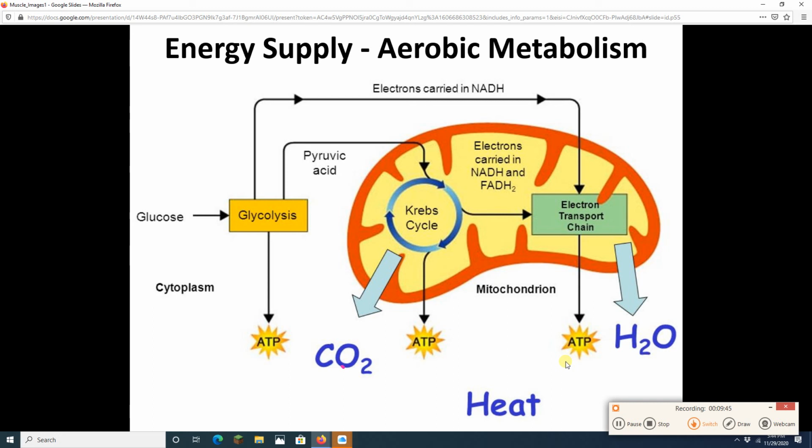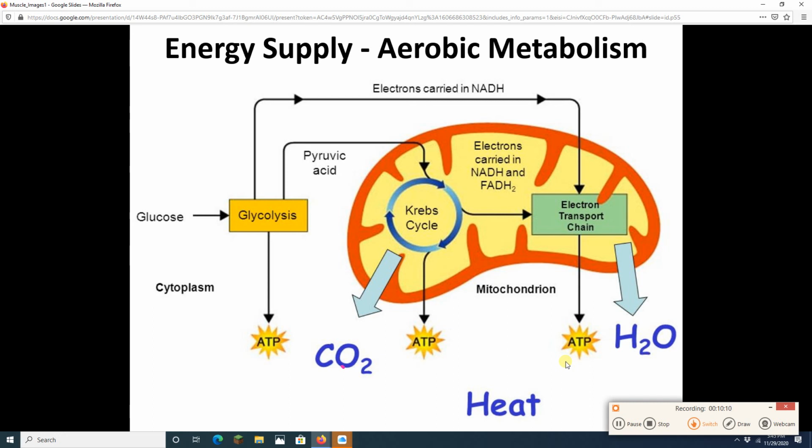Now, bear in mind, I am not going into detail on these processes here. If you take a cell biology class or a biochemistry class, you'll go into a lot of detail. Just want you to realize we store a little bit of ATP in muscle cells. We use phosphate transfer to make a little more. We use glycolysis to make more, and that doesn't require any oxygen.